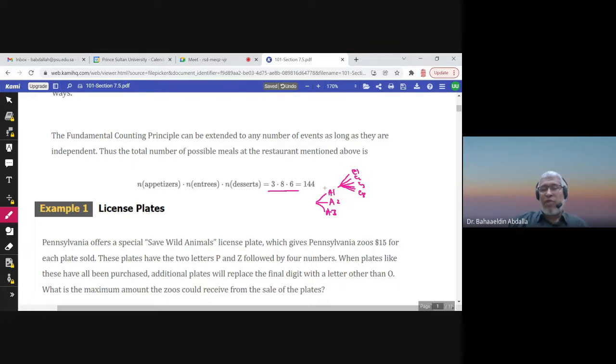And if you choose the first appetizer and the first entree, then you still have 6 desserts to choose from. Dessert 1, dessert 2, dessert 3. So as you can see, the first meal could be A1, E1, D1. The second meal A1, E1, D2, and so on. So you have 144 different meals. So we use the fundamental counting principle in such cases.